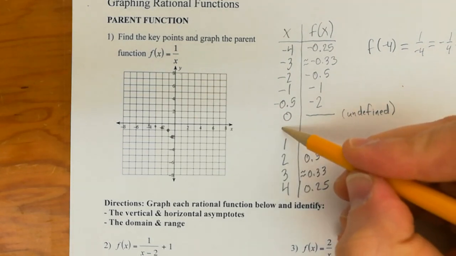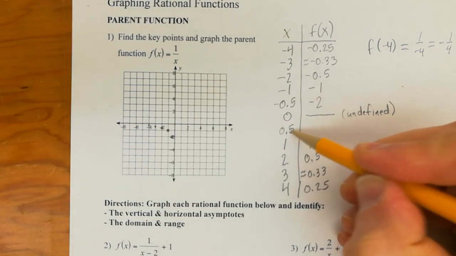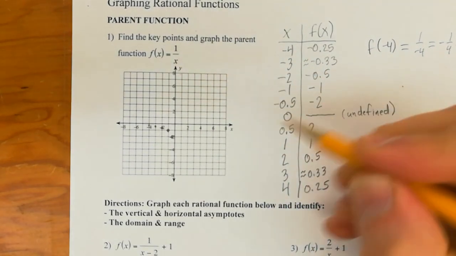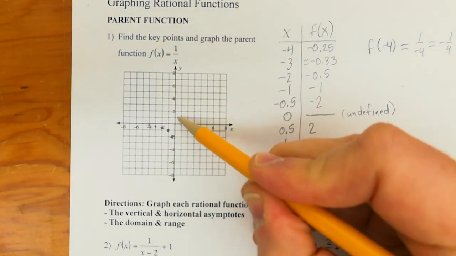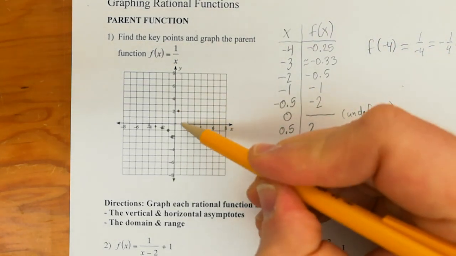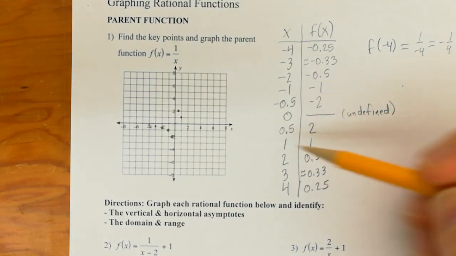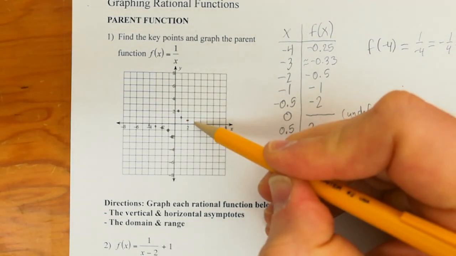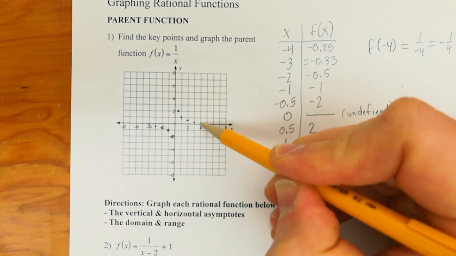And then also let me throw in +1/2 here. If I put that in, I'm going to get +2. So 0.5, +2. And then 1, 1. 2, 1/2, 3, and up 1/3 here, and then 4 up 1/4.